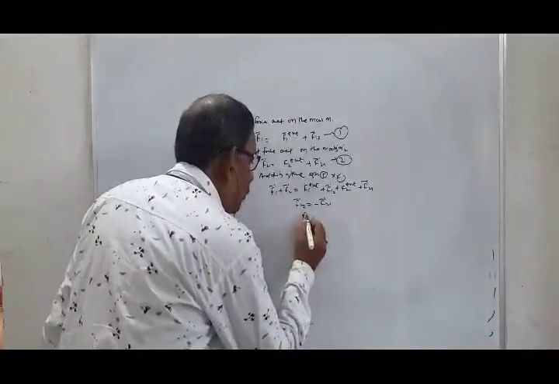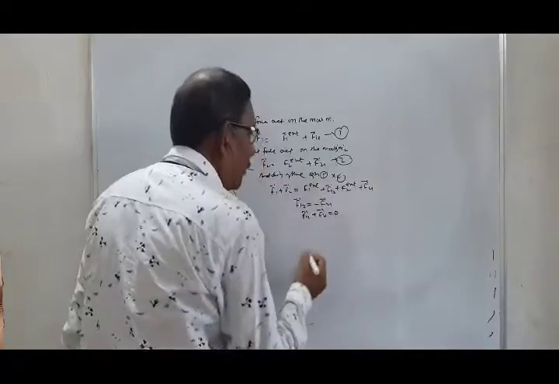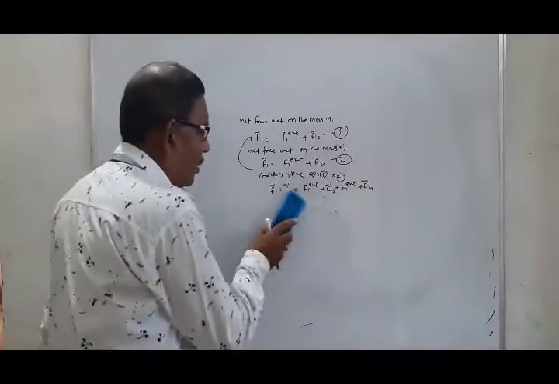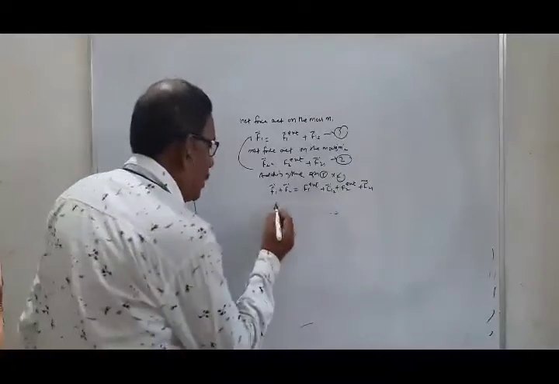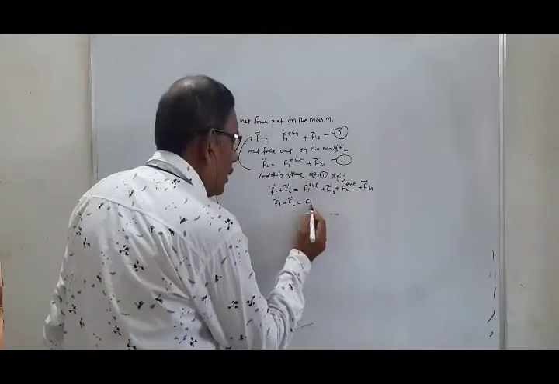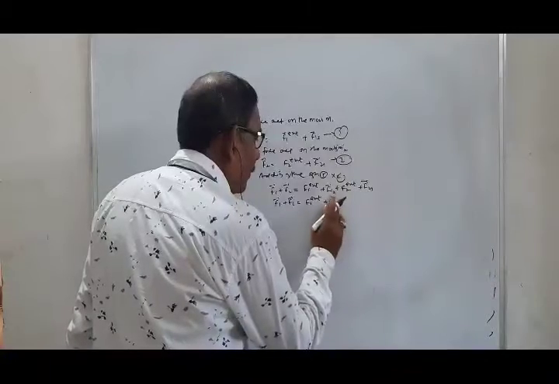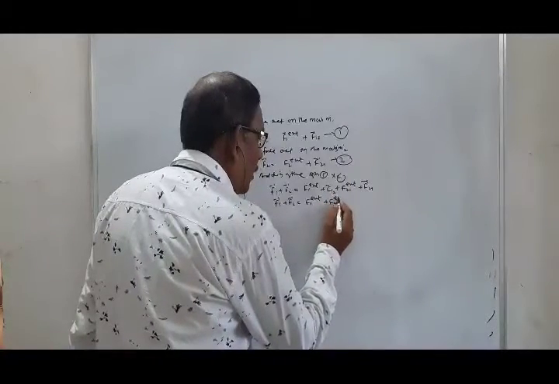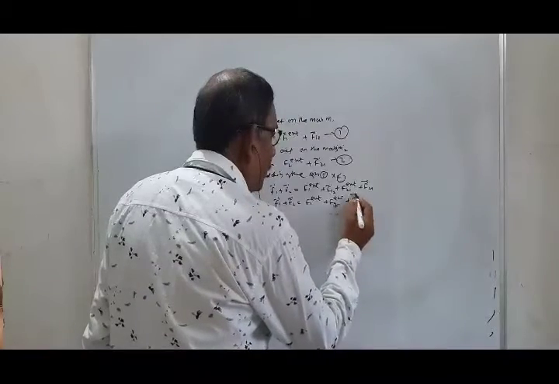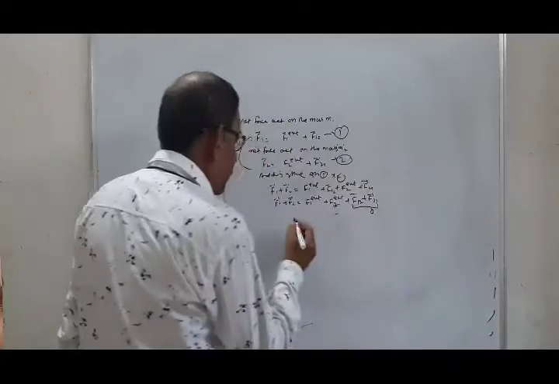So the sum of these two forces equals 0. So in F1 plus F2, F1 external plus F2 external, you keep at one place, and that is F12 plus F21, which is 0.